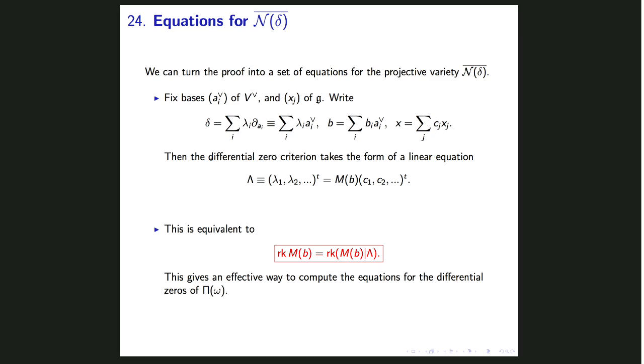MB is a matrix of certain size, whose entries are linear in B. So what you get is a linear equation of this sort. So that membership condition now translates into an equal rank condition.